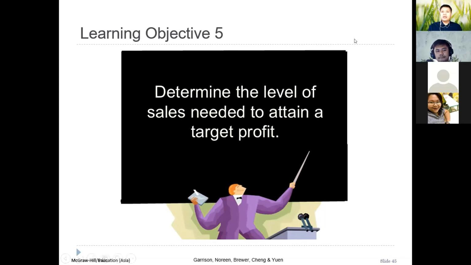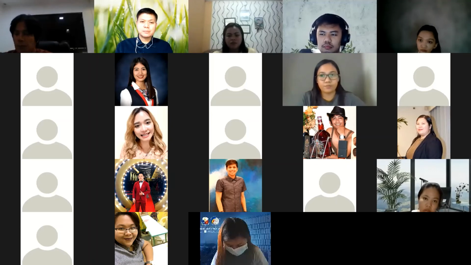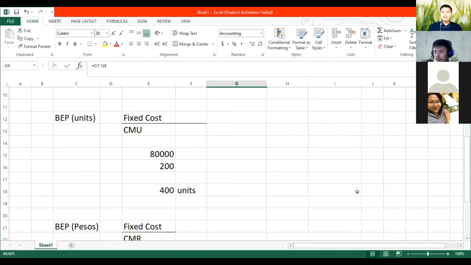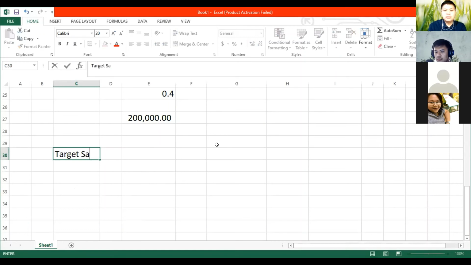Now there is a target profit. Okay, so let's go back to our Excel file. Okay, so sinasabi mo ngayon, what if there is a target profit? Okay, palitan lang natin yung formula, no? So compute for your target sales in units.